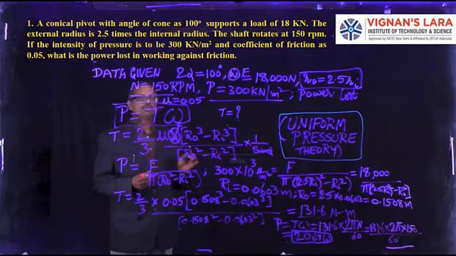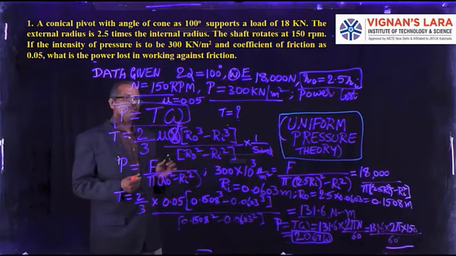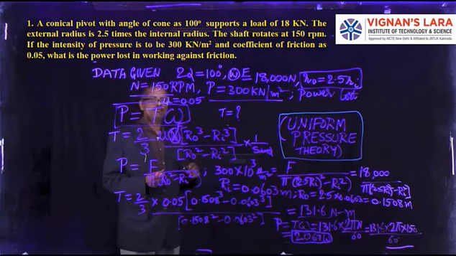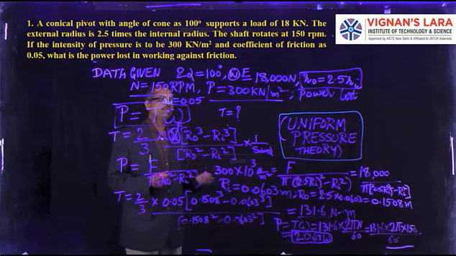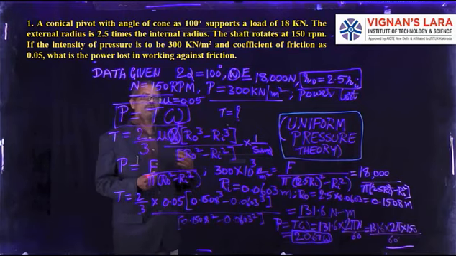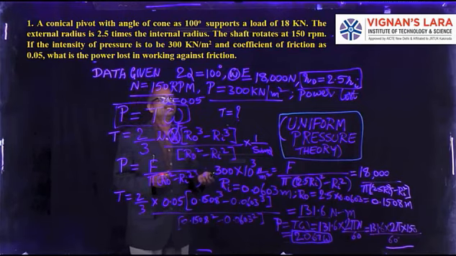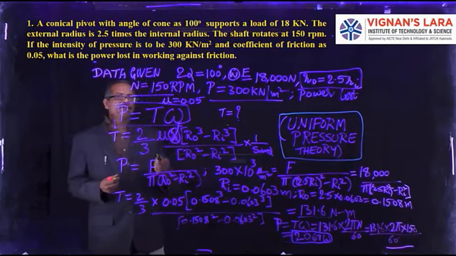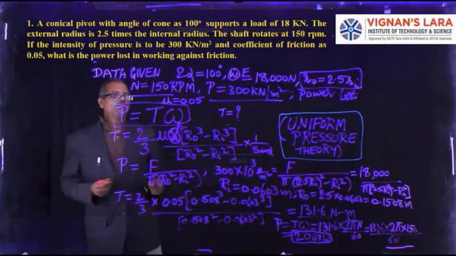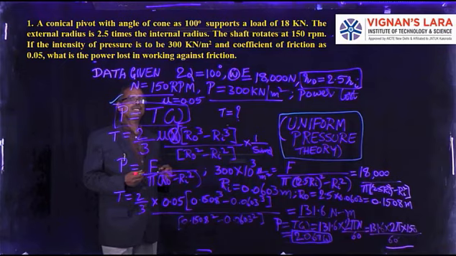Similarly, if you find power transmitted more and you actually get less power, then it is a problem. So in the case of clutches, I take uniform wear theory because I assume less power generated and more power may really be generated.